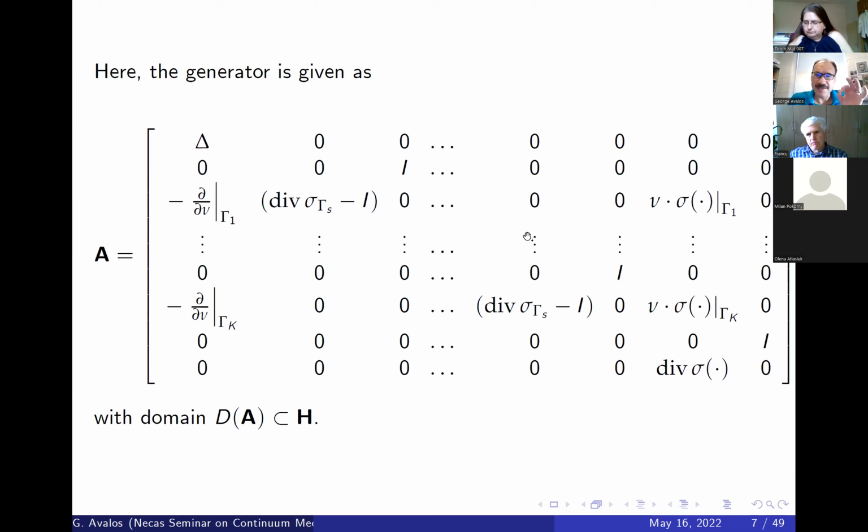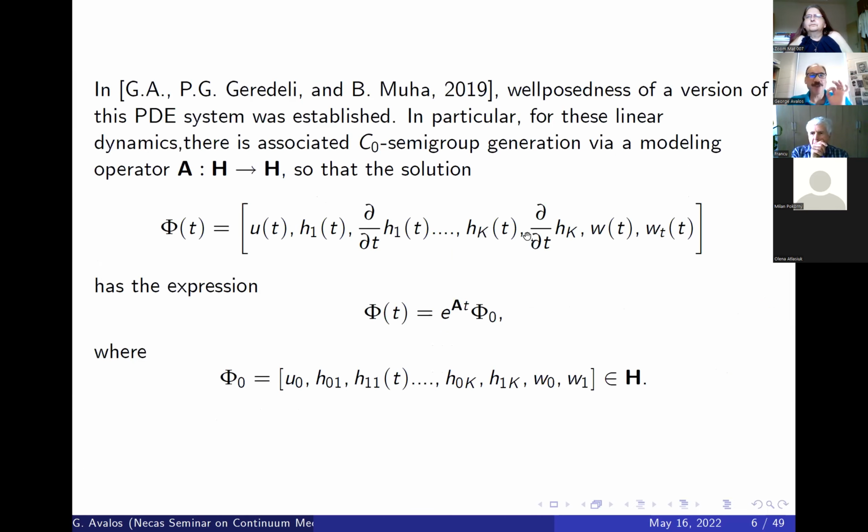But the short of it is, it's smooth enough to ultimately give a meaning, a pointwise notion of solutions to initial data in the domain of the generator, but not so smooth that we can't obtain semigroup well-posedness.